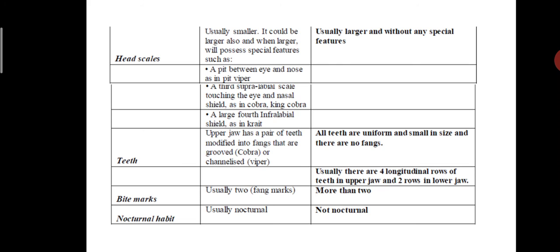Bite mark, as I said, usually two, more than two in non-poisonous snakes. Habit, usually nocturnal. Mostly poisonous snakes have nocturnal habits. That is why people say don't go out in the evening and night time, because mostly poisonous snakes may come out during evening and night time.